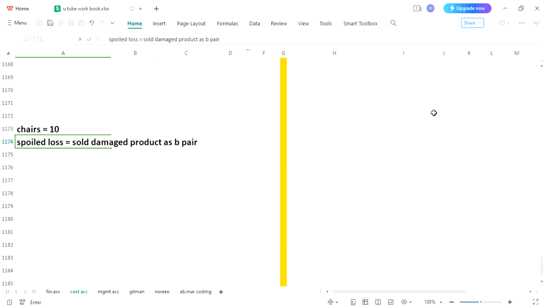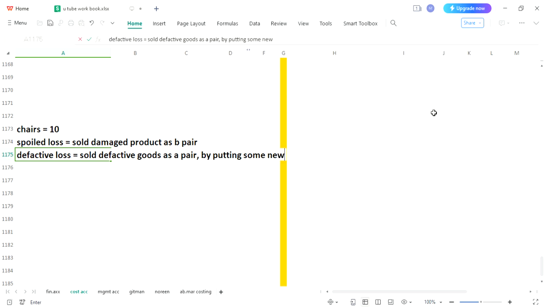But under defective goods, though it is a loss, you have sold the defective goods as A pair by putting some new material, labor, and efforts.